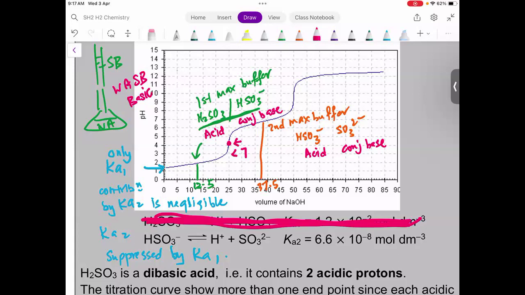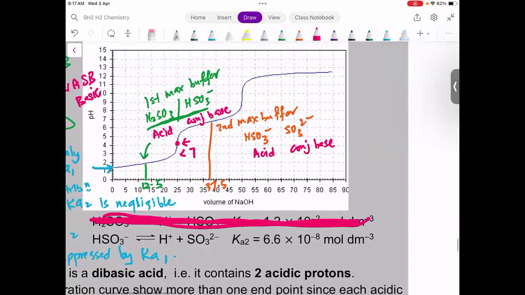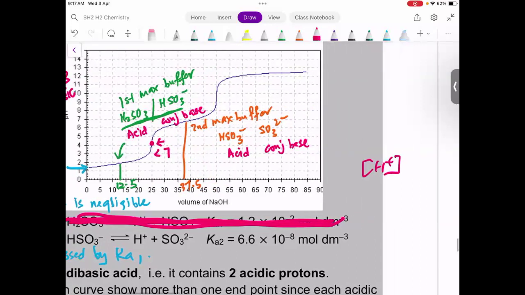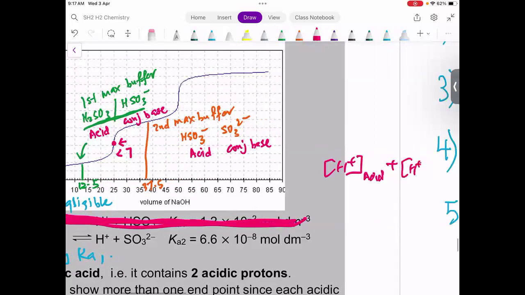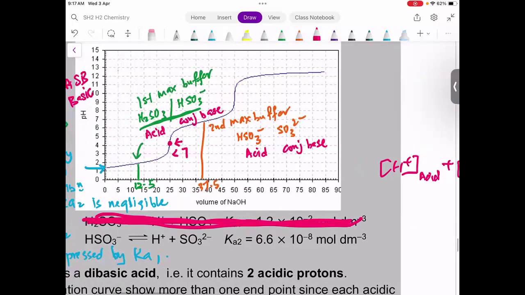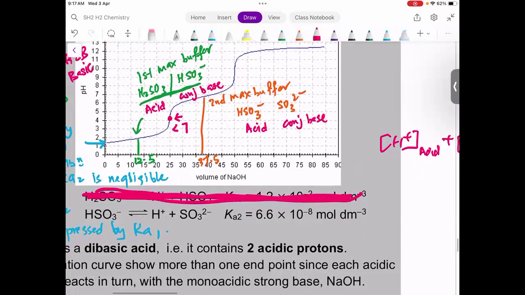When I compare H plus, not the Ka value, it is the H plus of the acid versus the H plus of the water, not the Ka value. So what happens? Second acid dissociation takes place. At the first equivalence point, Ka2 starts to take place.